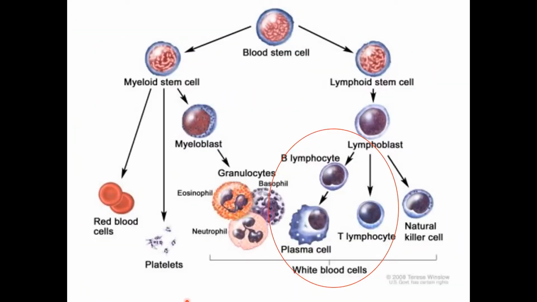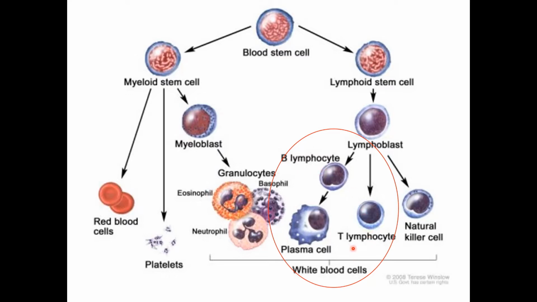Under adaptive immunity, or third line defense, the main lymphocytes involved are the B lymphocyte or B cell and the T lymphocyte or T cell.